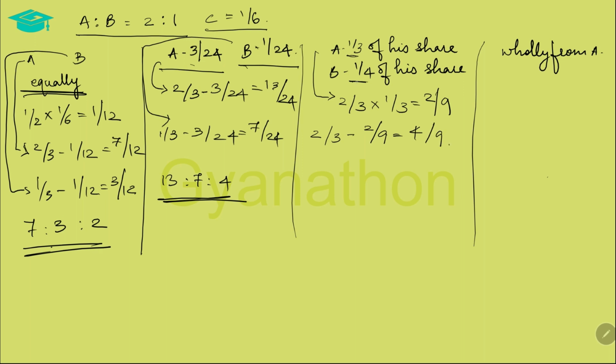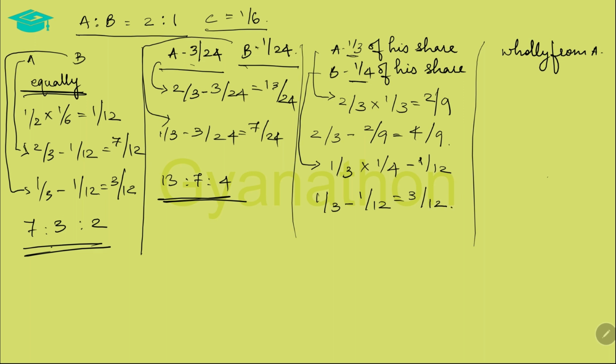We take away 1/4 from B's share, that is 1/3, which is his original share, into 1/4, that is 1/12. So B's new share will be 1/3 minus 1/12 is equal to 3/12.